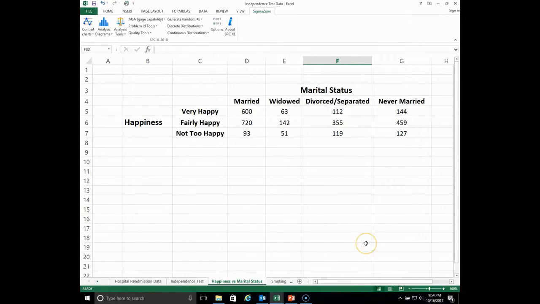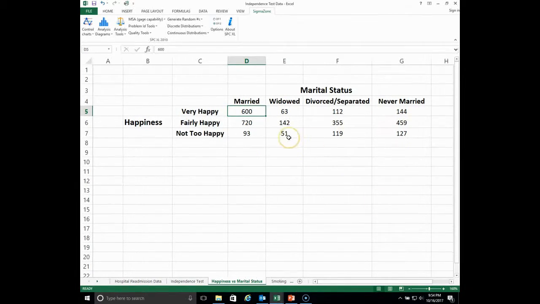And you can see that the categories for marital status are married, widowed, divorced/separated, or never married. And happiness is not categorized on a scale of 1 to 10. It just says very happy, fairly happy, not too happy. This is a very large study, and this means that in this study, there were 600 married folks who said they were very happy.